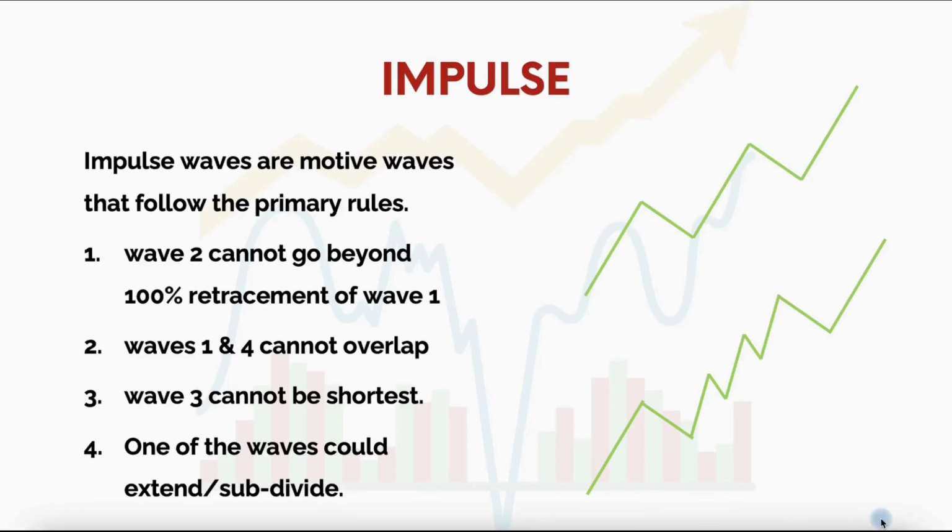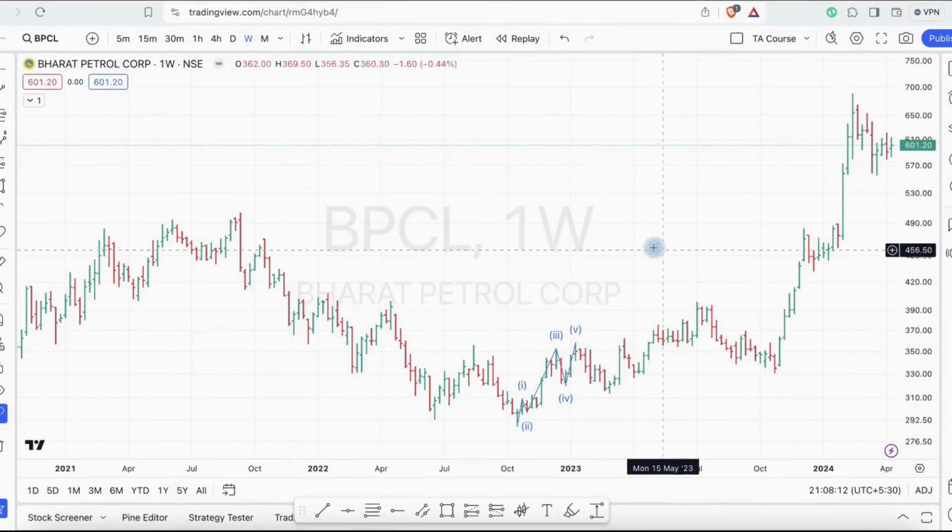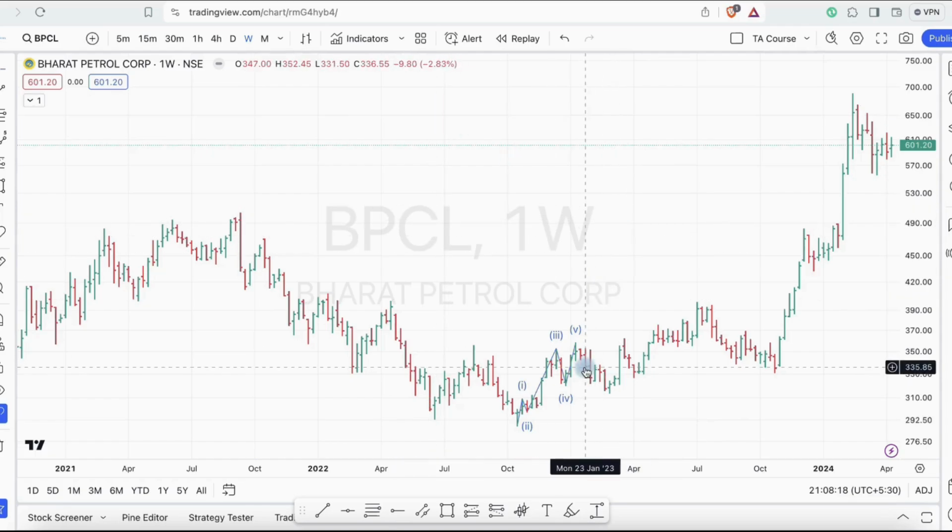Let's also quickly take a look at a chart to see impulse in action. Here I have the BPCL stock chart open, weekly time frame, and here you can see this is the most significant low.